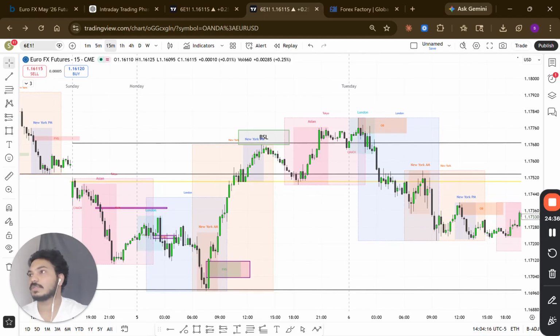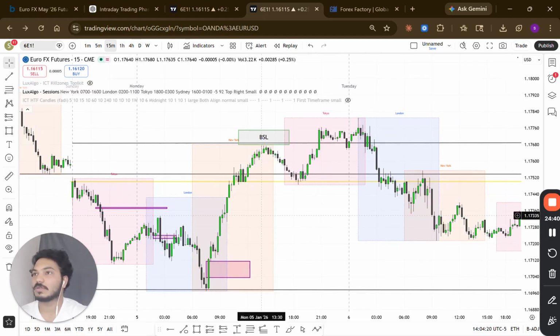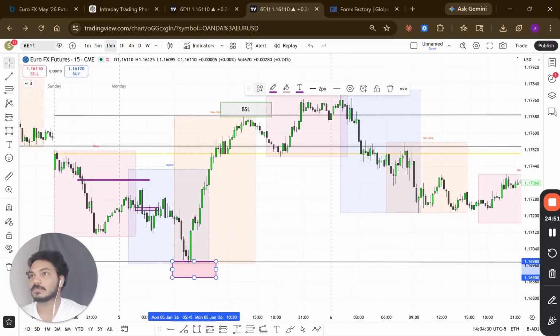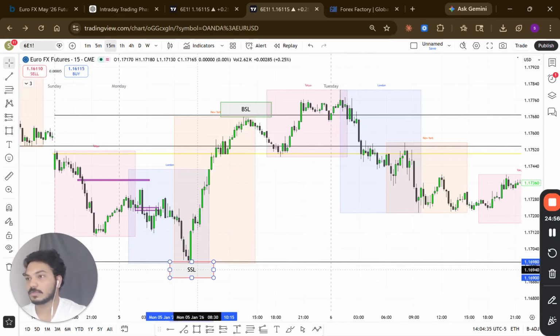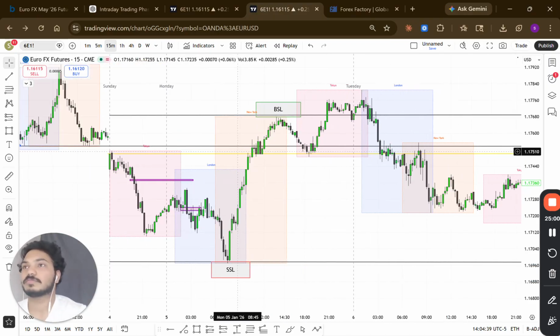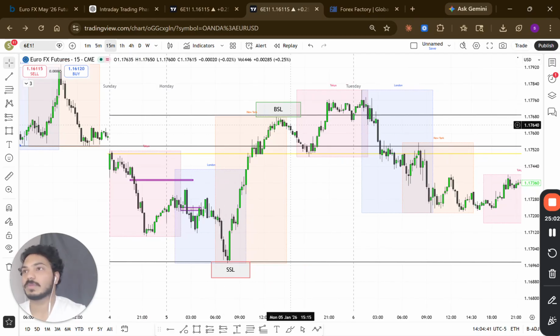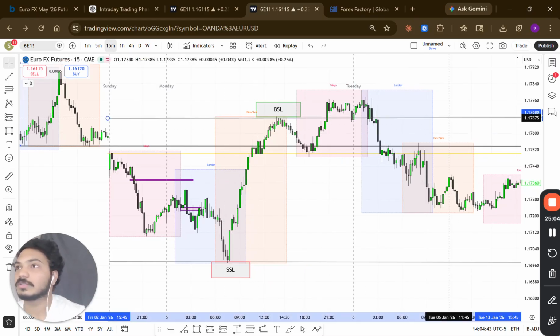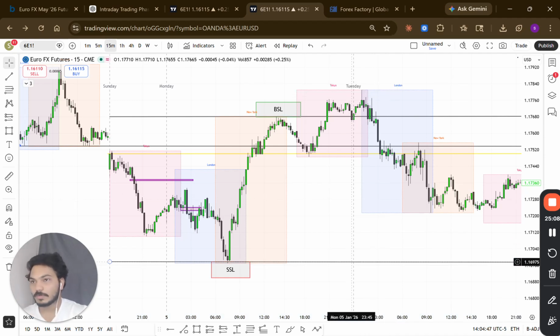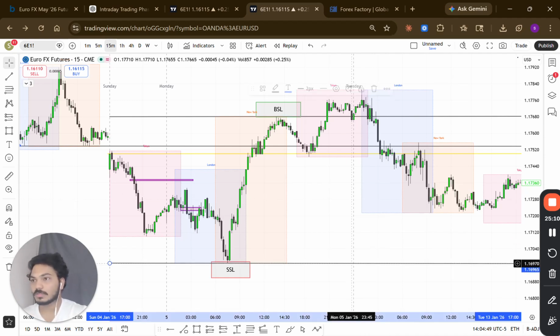Let me just clean it up a little. Sell side liquidity here, sell side liquidity. This is the previous day high right at this point, and the previous day low right at this point.